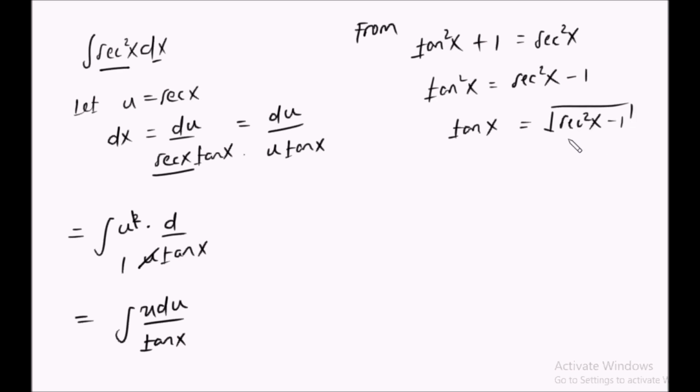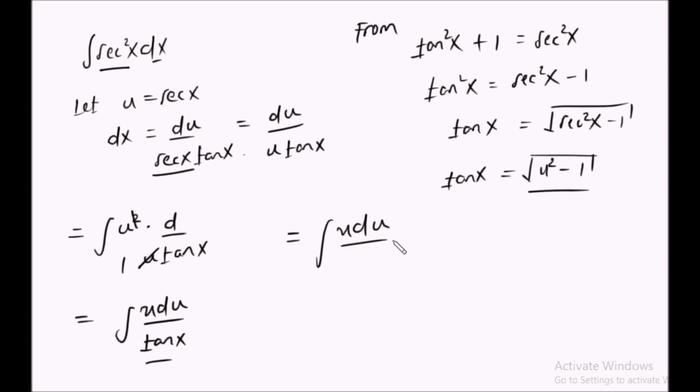So sec x ni u, kwa hiyo tan x itakuwa sawa na the square root of u squared minus 1. Hiyo. So mahali pa tan x nitaweka hii the square root of u squared minus 1. Kwa kumbe sasa integral yangu itakuwa ni u du over the square root of u squared minus 1, like this. I want to start a fresh page.